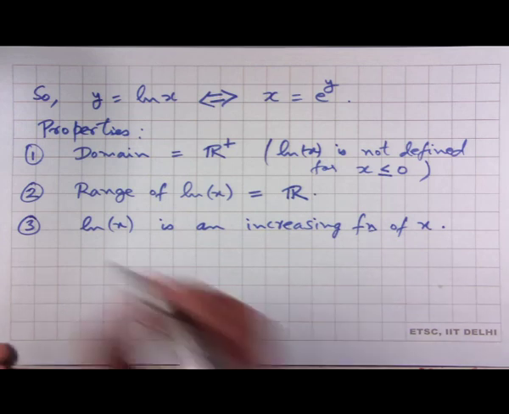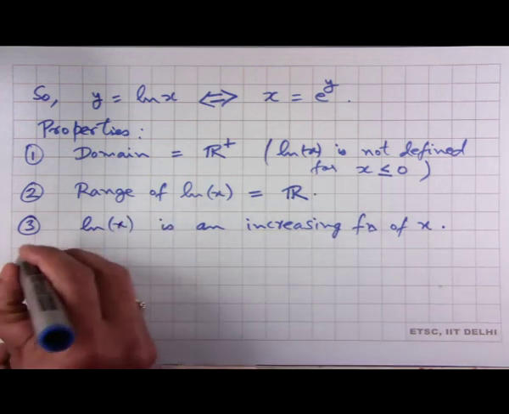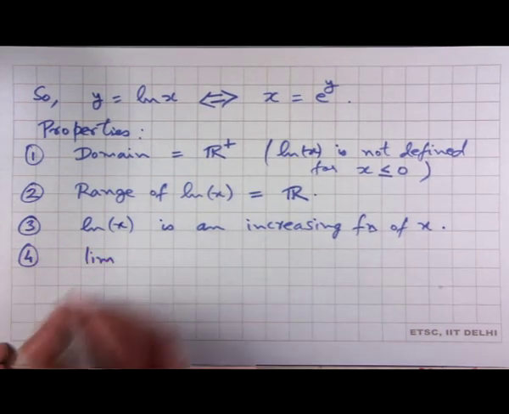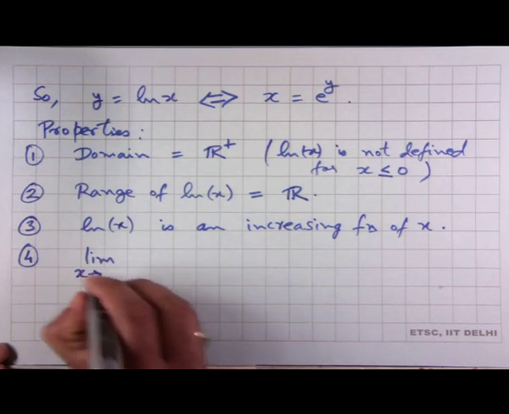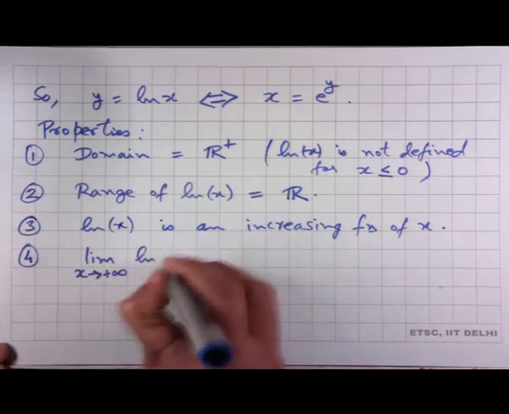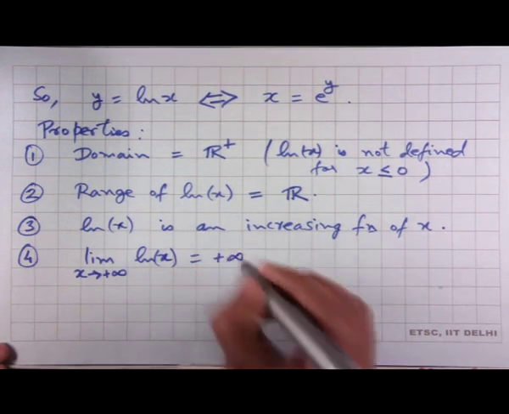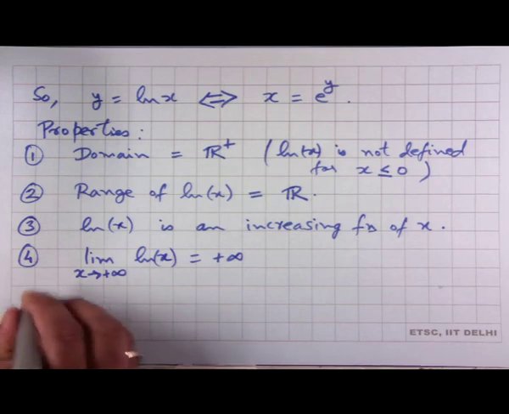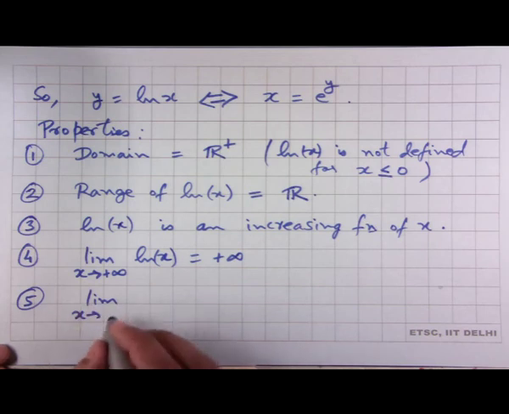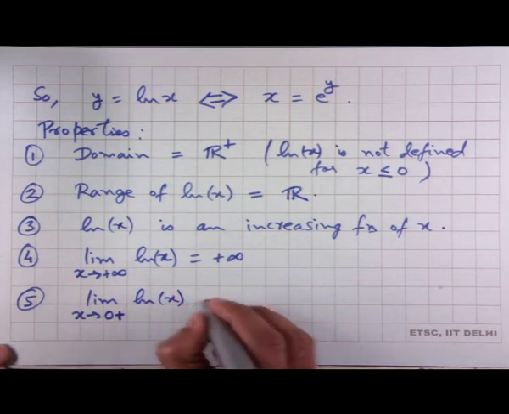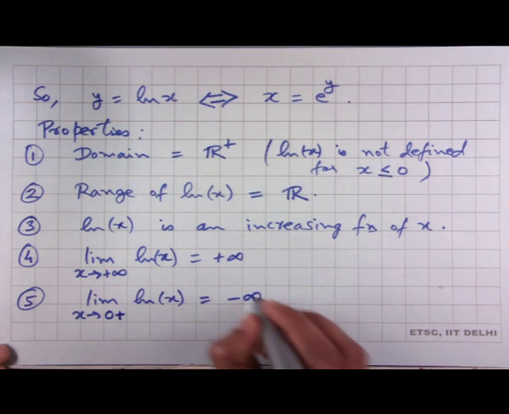And just like we had the limit, the limit as x approaches positive infinity of ln x is equal to positive infinity, and the limit as x approaches 0 from the right side of ln x is equal to negative infinity.